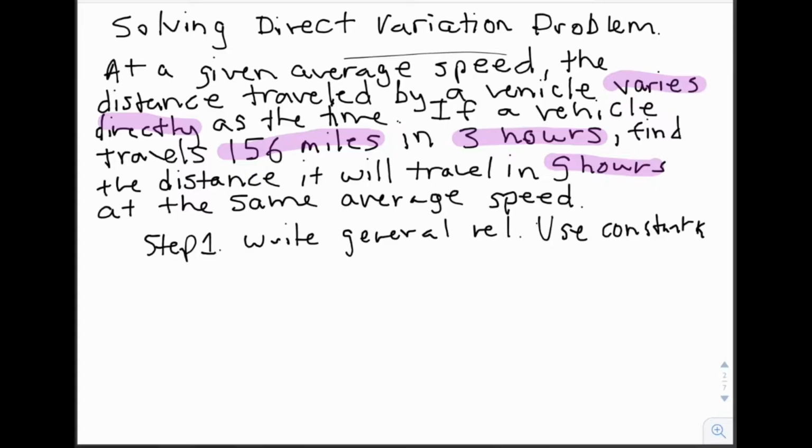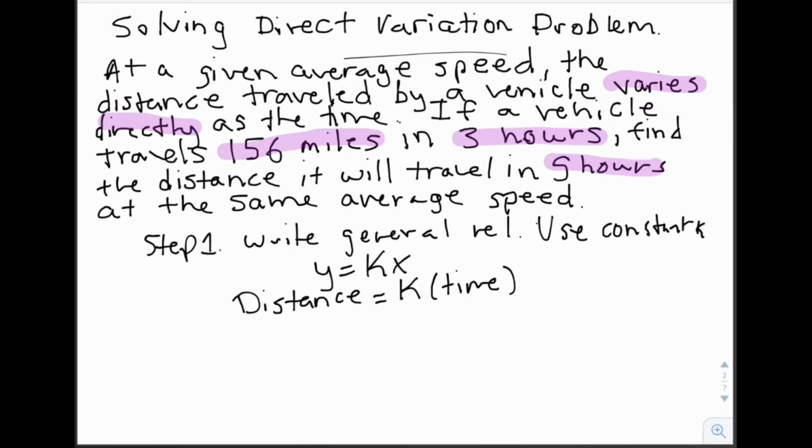We know that we're dealing with direct variation, so y is going to be equal to kx. Let's figure out what y and what x represent. So if we're solving for our distance, we can say our distance is equal to our speed times our time. So in other words, k times, in this case, we were given our hours or our time, so that's going to be k times time.